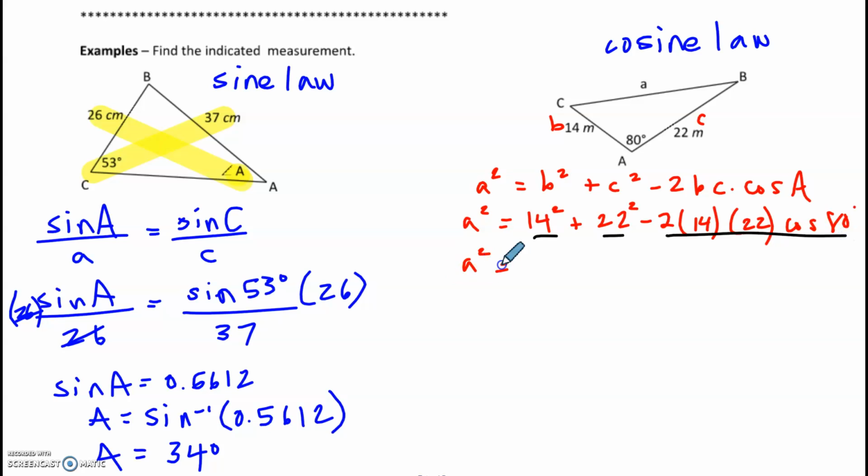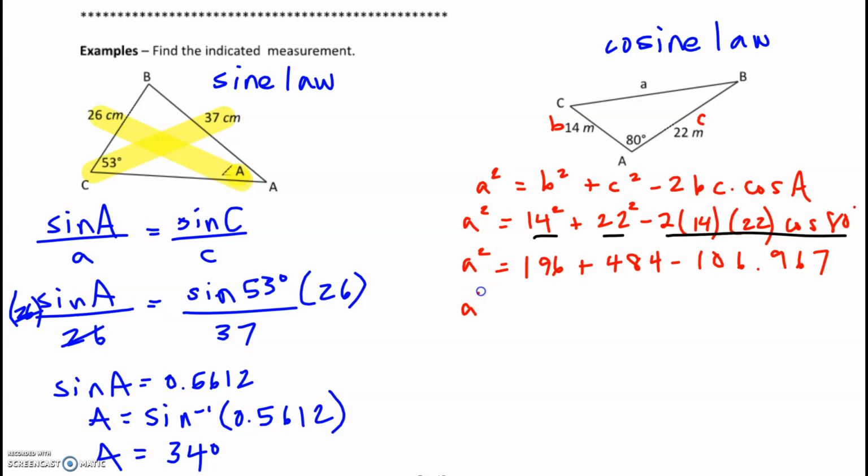All right, I'm going to solve the 14 squared, the 22 squared, and that whole multiplication. So A squared equals 14 squared is 196. 22 squared is 484. 2 times 14 times 22 times cos 80 is 106.967.